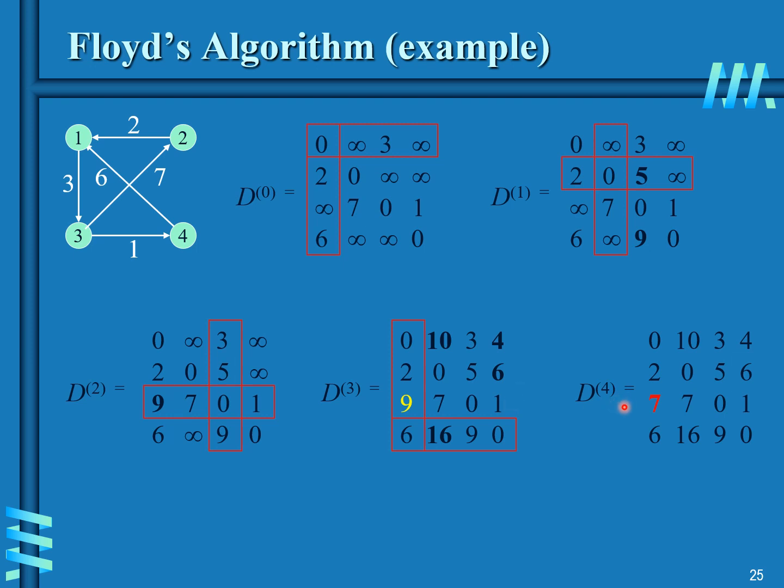Finally D of 4. So again you mark the fourth row and the fourth column. As again as such is marked as the first one. Okay. So you have to mark this.